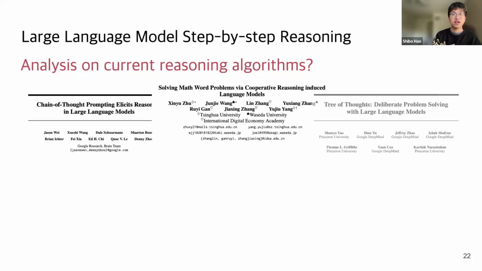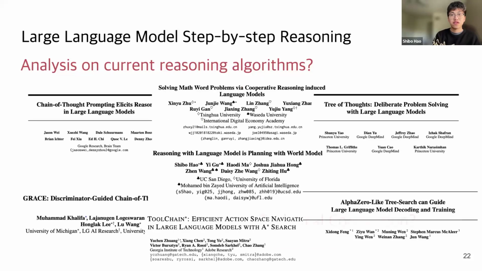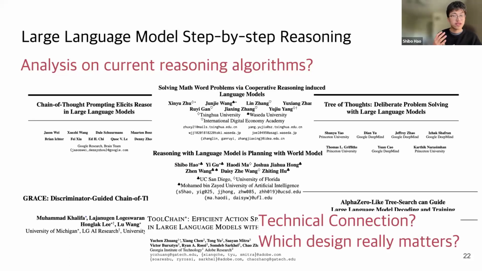For example, what are the technical connections of these algorithms, because they are all developed in isolation. And we also don't know which designs in these algorithms really matter, because there are so many factors that affect the performance.